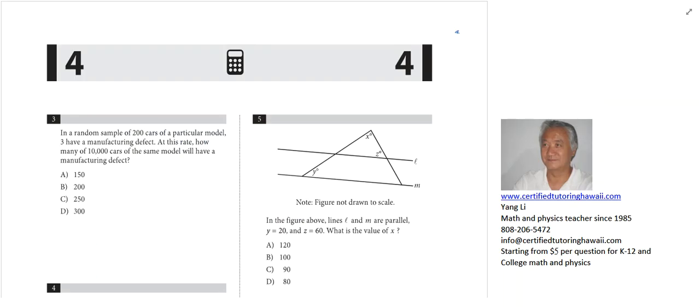Okay, let's look at number 3 now. This one's still using the proportion. They told you that out of a sample of 200 cars, 3 have manufacturing defects.